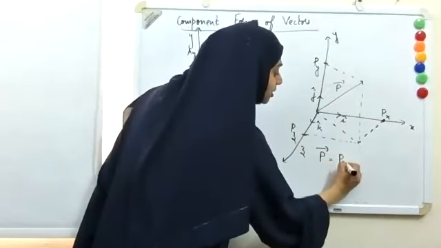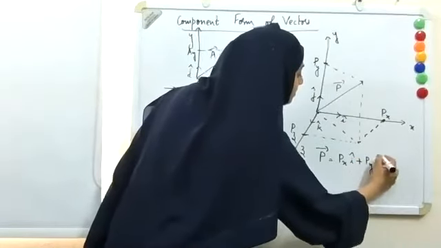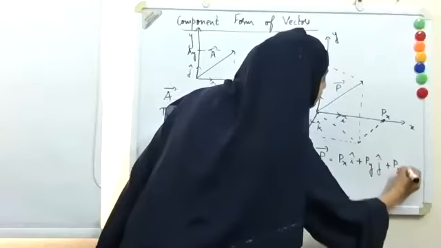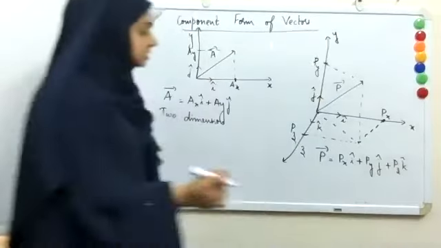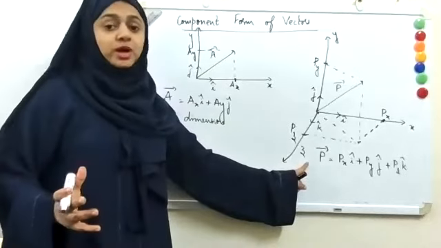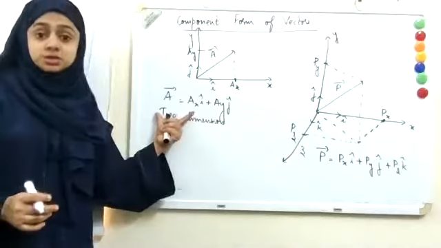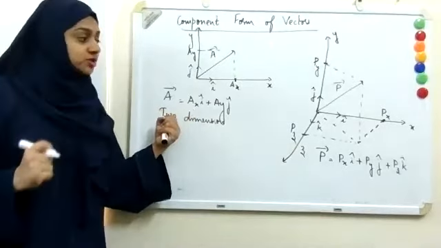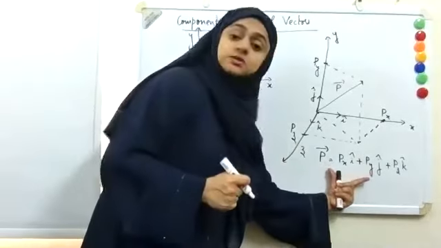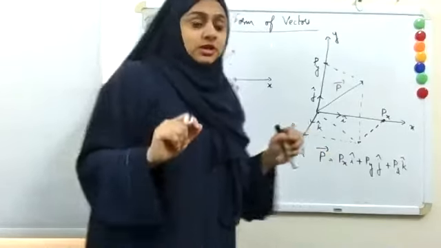P is equal to px i plus py j plus pz k. This is how I can resolve a vector in 3 dimensions. This is how I can resolve a vector in 2 dimensions. And this is how I can resolve a vector in 3 dimensions, along directions which are perpendicular to each other.